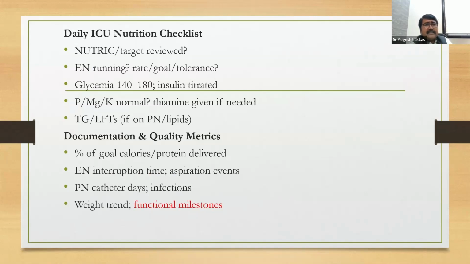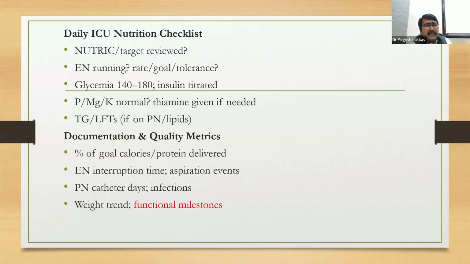Strict clinical vigilance will be very important. Glycemic control will matter a lot. Monitoring the phosphorus, magnesium, potassium level, and then thiamine to be given in the early phase, that will be part of your checklist. You will be maintaining this checklist strictly. Then triglycerides, LFTs if on parenteral nutrition.